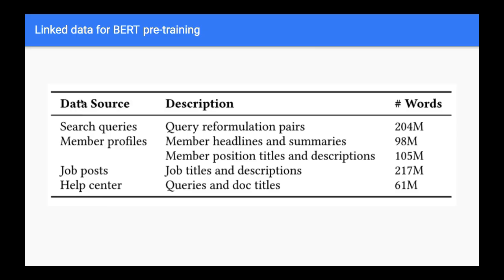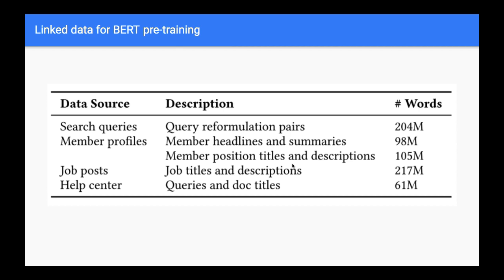Yeah, so here's the data they use to train their LinkedIn BERT. The tricky part is that LinkedIn data is semi-structured. You don't have something like Wikipedia, one document of free-form text, maybe with some tables. In LinkedIn, you have search queries, member profiles, and a profile can be broken down into member headlines, member position titles, and descriptions.